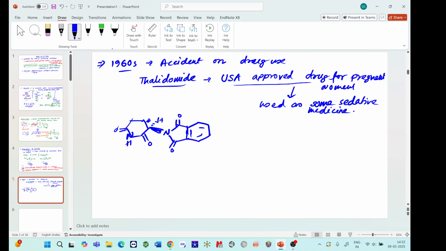So this is one isomer, another isomer is this one. Okay, these were two isomers, so they are mirror images of each other, right? Now this one was the actual drug.